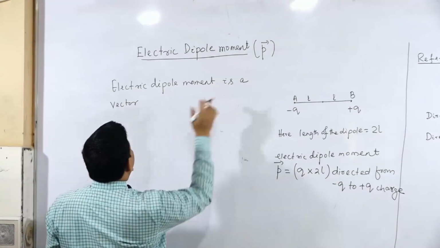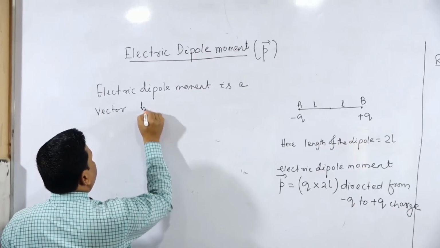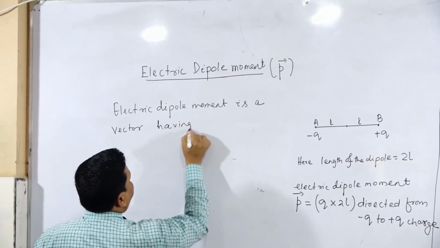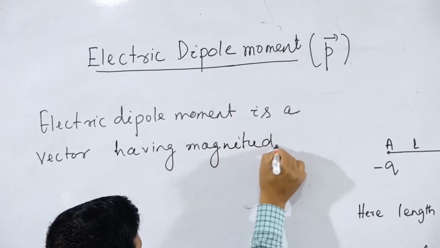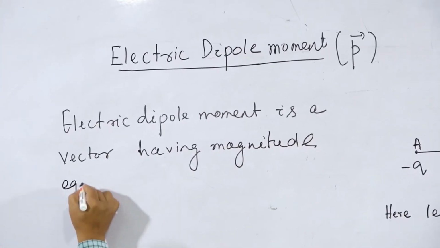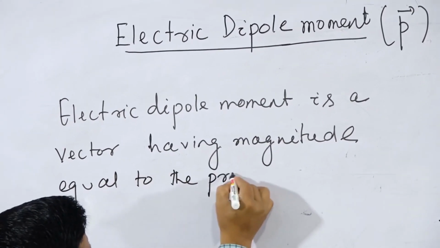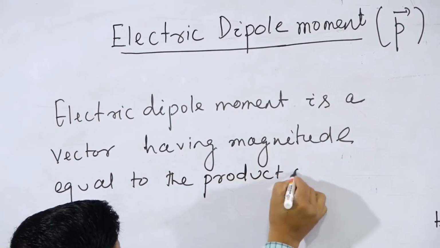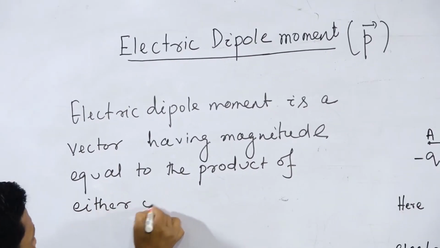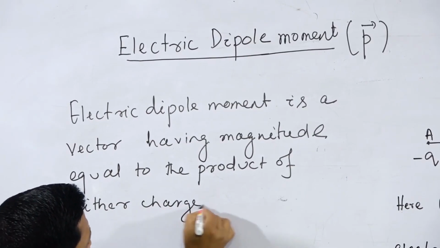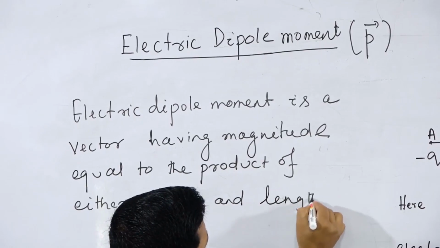Electric dipole moment is a vector having magnitude equal to the product of either charge and the length of the dipole.